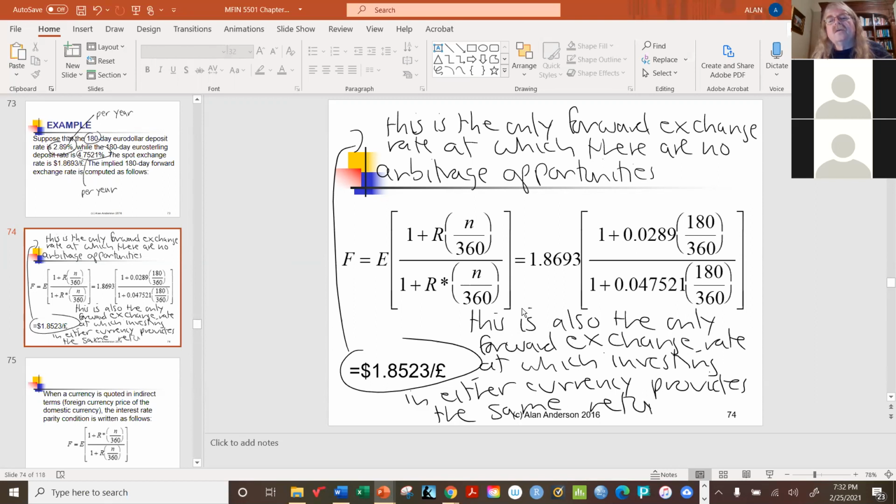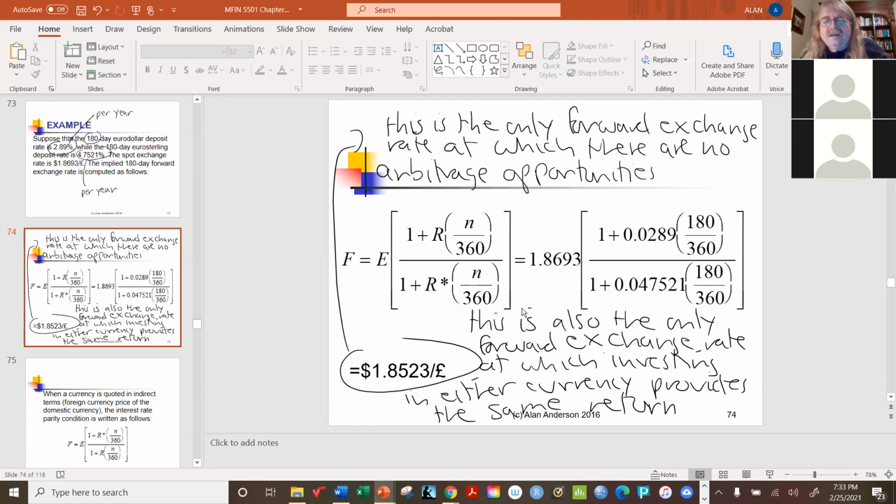Now that assumes, though, that we eliminate our foreign exchange risk with a forward contract. If you just put your money in the, let's say, euro sterling and leave it there and don't cover your risk, there's no guarantee you'll get the same return as you would by keeping euro dollars. But if you do invest in euro sterling and you hedge your foreign exchange risk with a forward contract, then we can be sure that you'll get the same return from either currency.